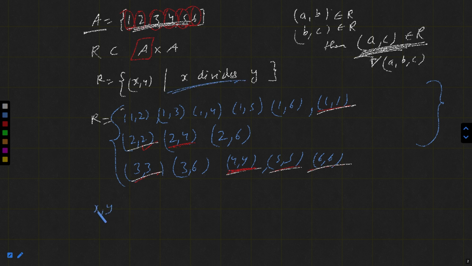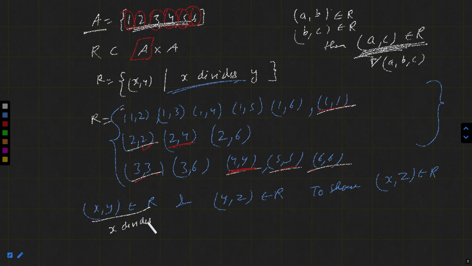So if (x, y) belongs to R and (y, z) belongs to R, then to show (x, z) belongs to R. If this happens, then I can say that my relation is transitive. So if this happens, this means x divides y, so y is a multiple of x.